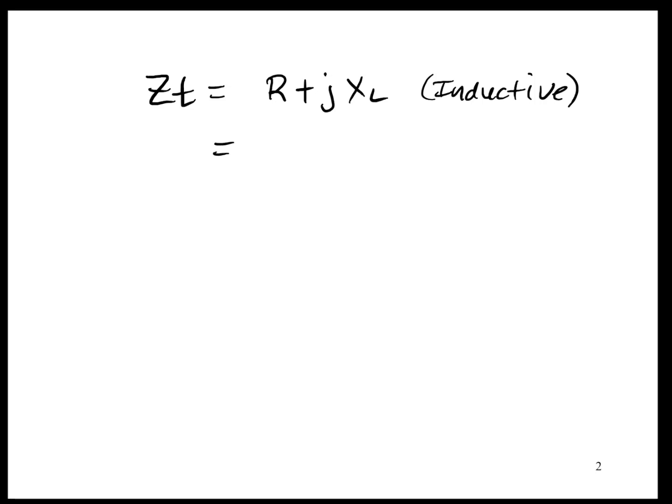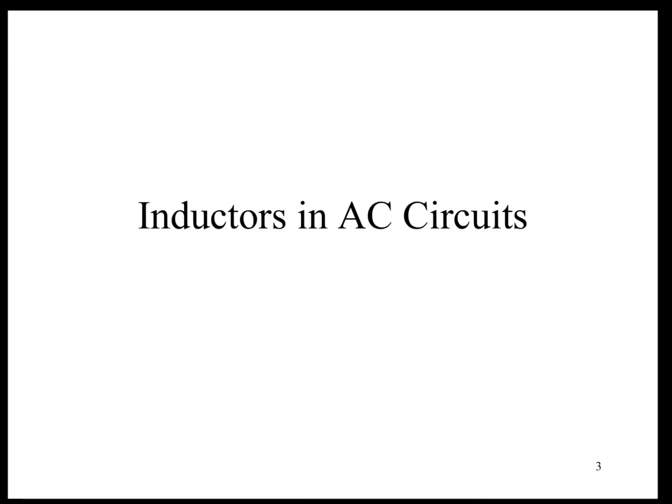At the same time, that can be expressed as a Z total value at an angle of what's called phi, defining the angle of impedance. So when converting from rectangular to polar, or polar to rectangular, you'd be getting these two expressions of total impedance. I wanted to talk about that before we started into our presentation on inductors in AC.